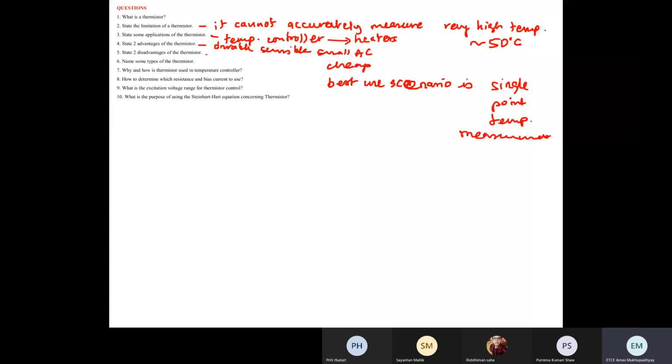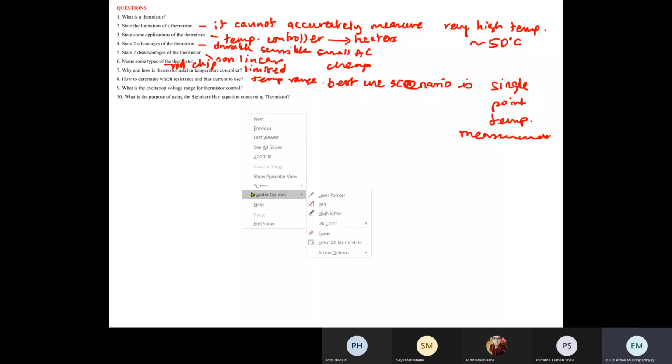Disadvantage: they are non-linear and have limited temperature range. Then name some types of thermistors. They come in various shapes, like rod, chip type, like that.